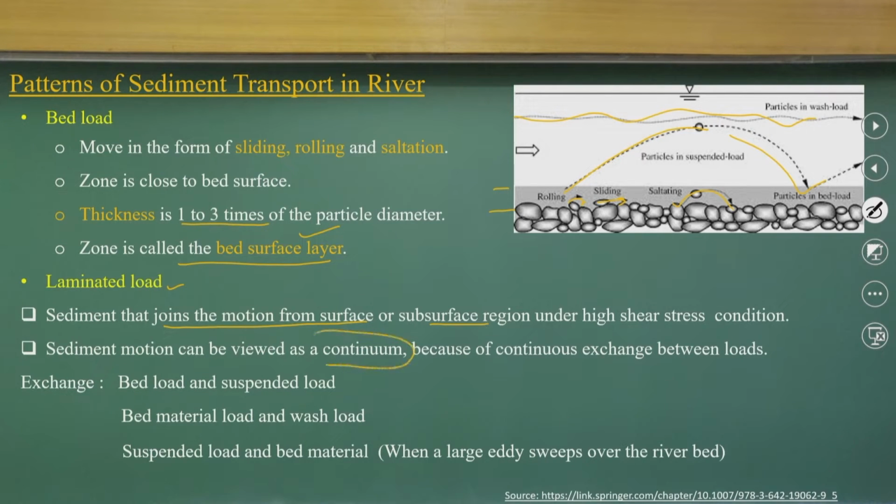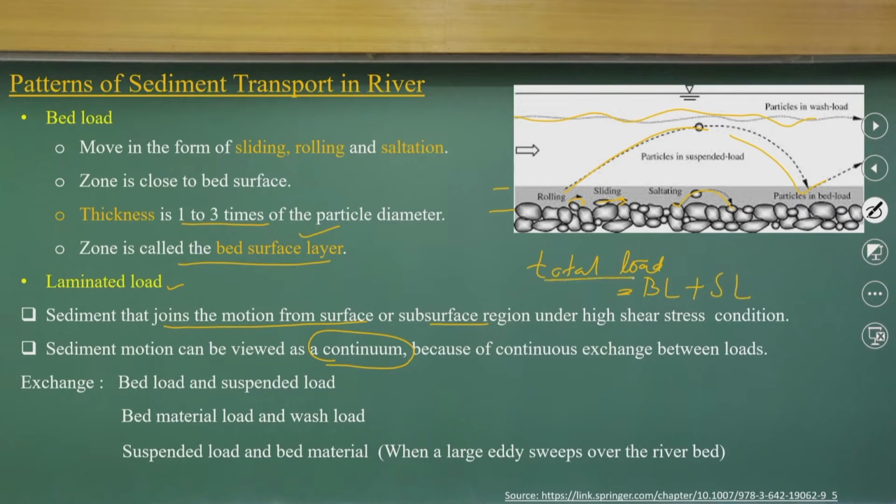And as I said, for the sediment motion we cannot always separate the suspended load and bed load. Sometimes we combine them and call it the total load, which is the summation of bed load and suspended load.